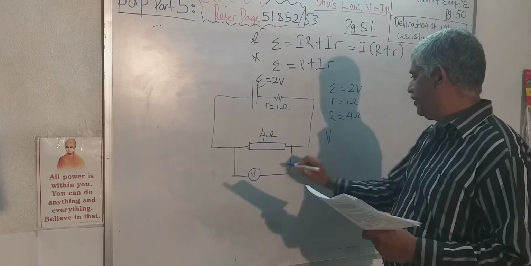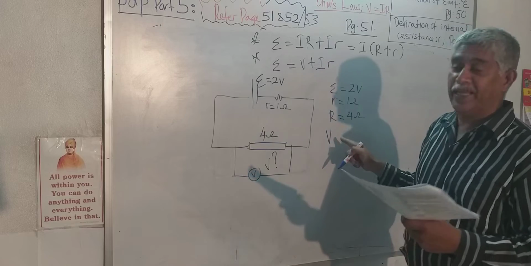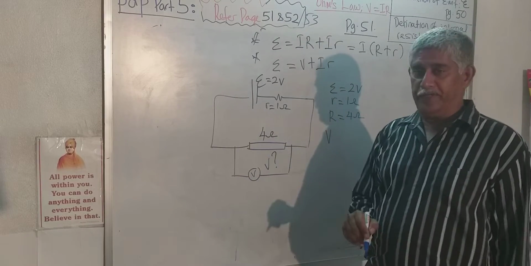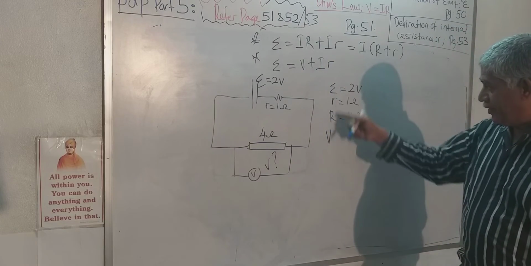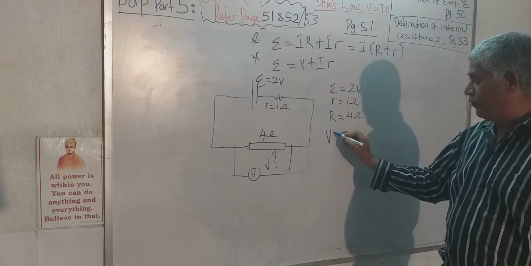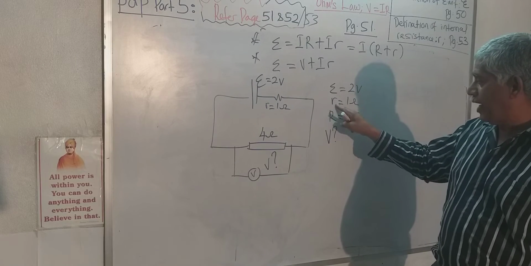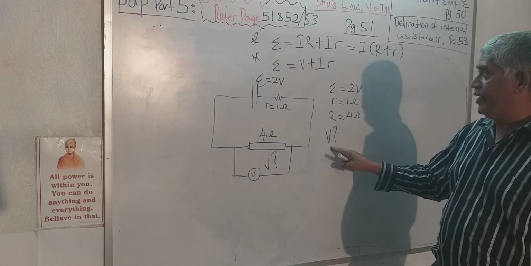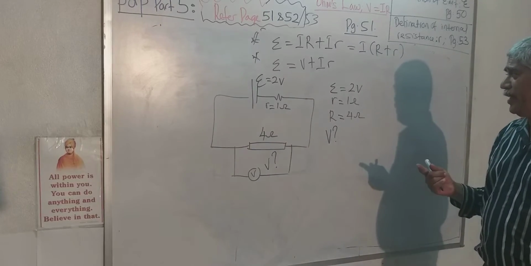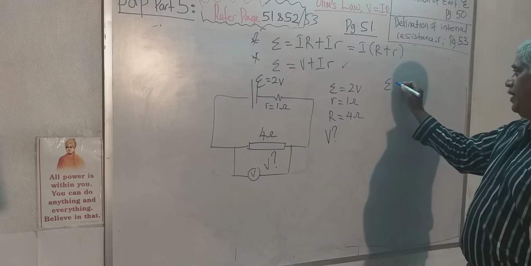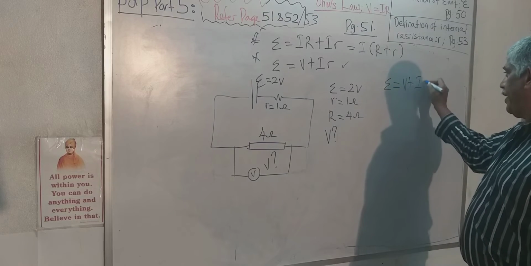That means they are asking for the external voltage V when this is connected to a 4 ohm resistor. So what is given is this, and what to find is this. Looking at epsilon, R, and V, which equation is relevant here? If I were to use this equation, let's say epsilon equals V plus Ir.